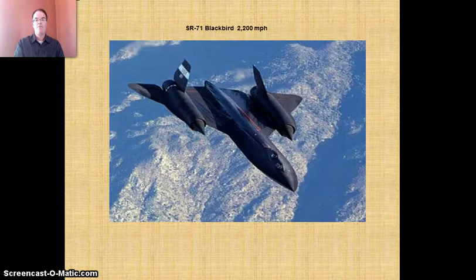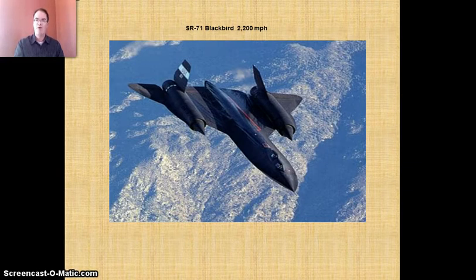If we expand our minds here a little bit, this actually is mind-blowingly fast. This is an SR-71 Blackbird. It can go across the United States of America in about 1.5 seconds. That's fast. That's incredibly fast.